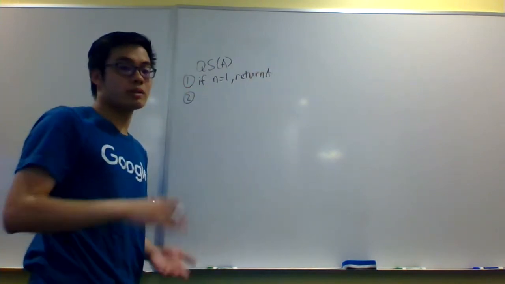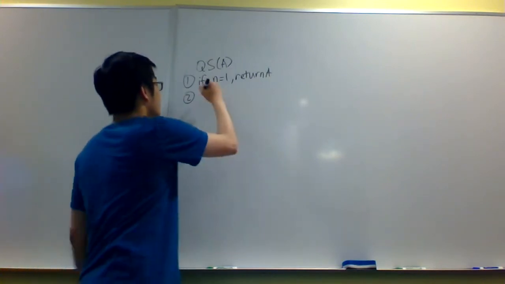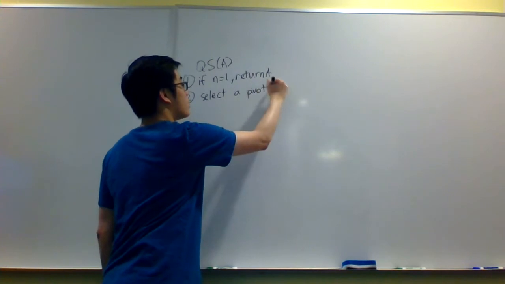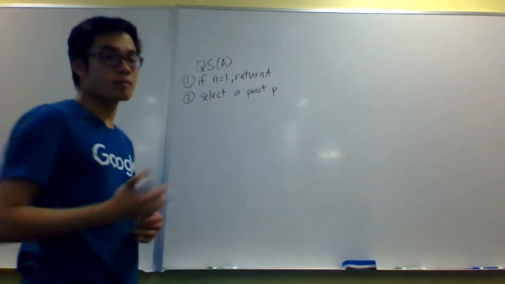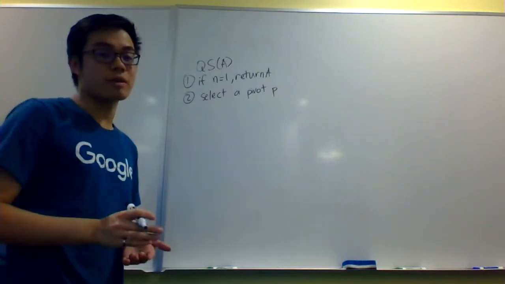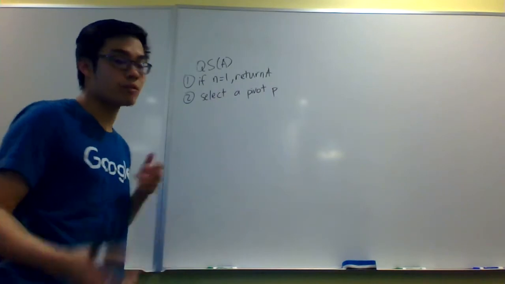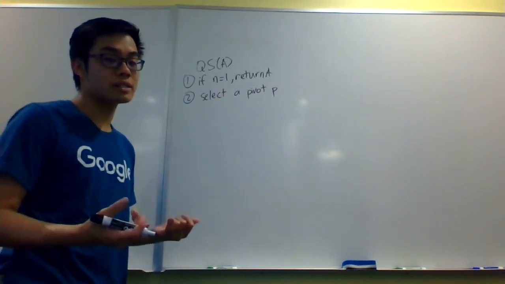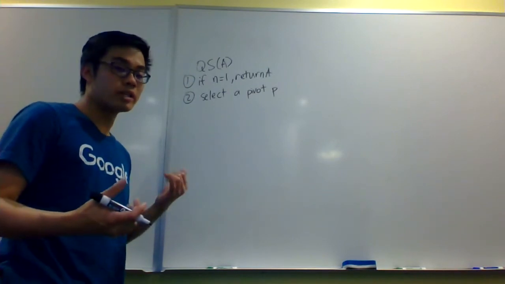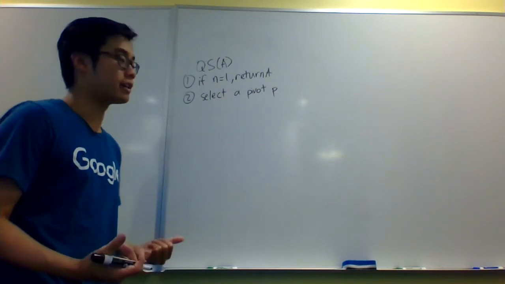The next step for Quicksort, at the very beginning for a general case, we have to pick some pivot element P. So select the pivot P. I won't go over how that selection is done. Then the next step after that is, after we have our pivot, we want to partition all the elements of A, except for P itself, into two subarrays based on whether the elements are going to end up to the left of P or to the right of P in the final sorted array.